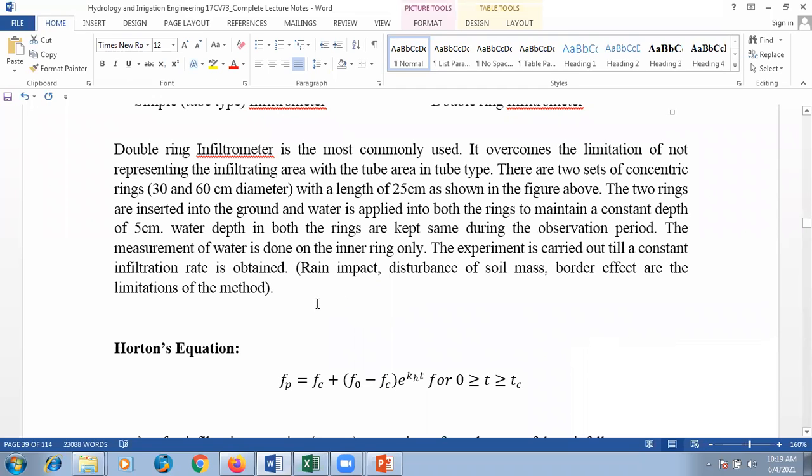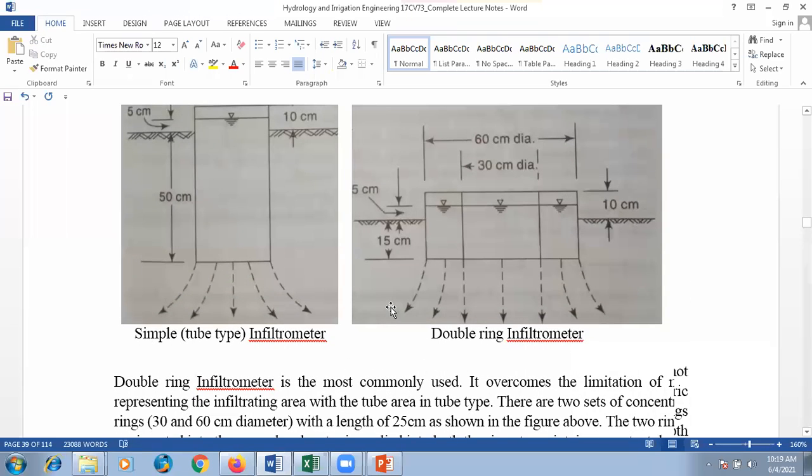What do we mean by constant infiltration rate? See, in the beginning, water starts getting into the soil easily. Over a period of time, as the soil keeps on getting more and more moisture, the rate slowly, gradually reduces. At some point of time, the soil is totally saturated and no amount of water can get into it.